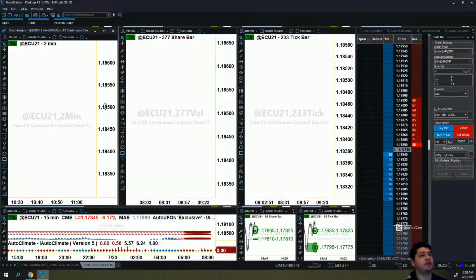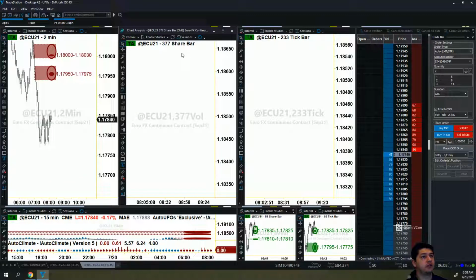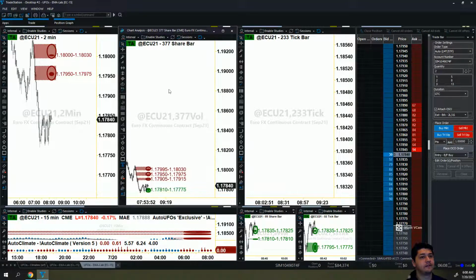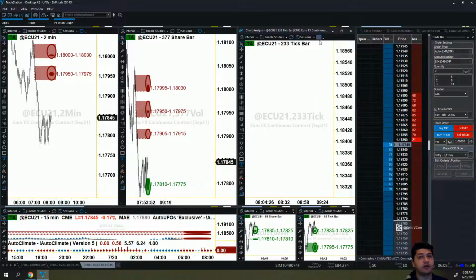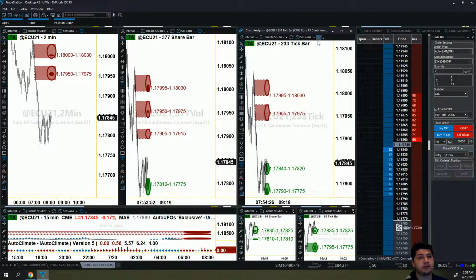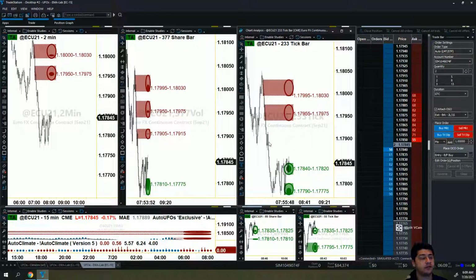Let's see, what do we have on the euro? Not a whole lot there. We definitely have some UFOs here that may work for us. Kind of similar picture across the board.